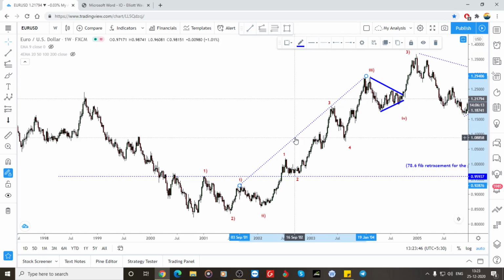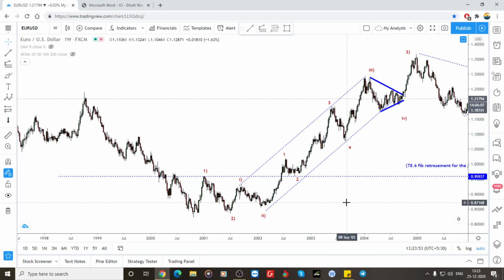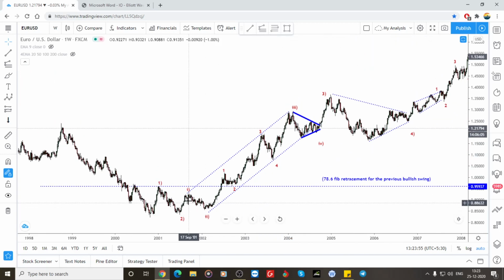And just we will clone this wave 2 and wave 4 here. So this will travel within the channel. So wave 1 and wave 3 will be the end of that channel here, and wave 2 and wave 4, if we connect this, we can identify this third is still going on.